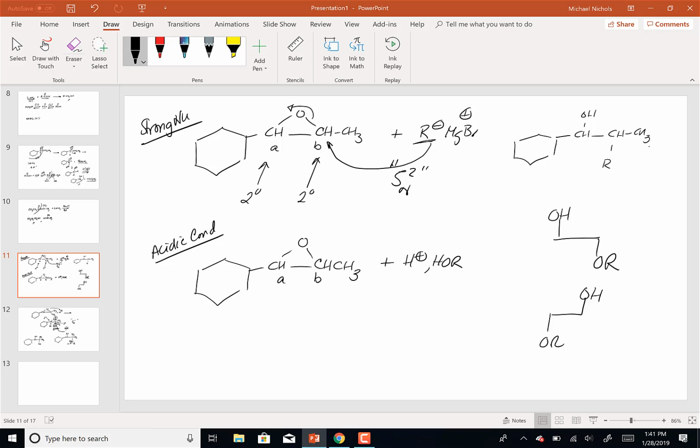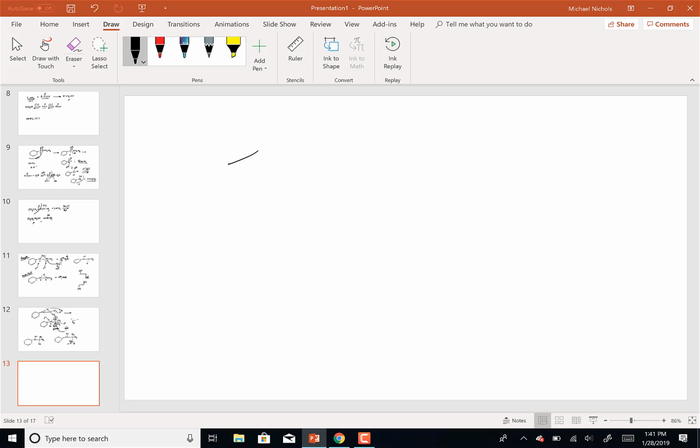Secondary predictor for SN2: steric hindrance. Ring bigger than methyl group. Everybody with me? We'll find out.